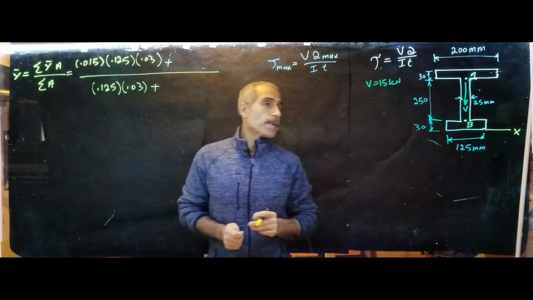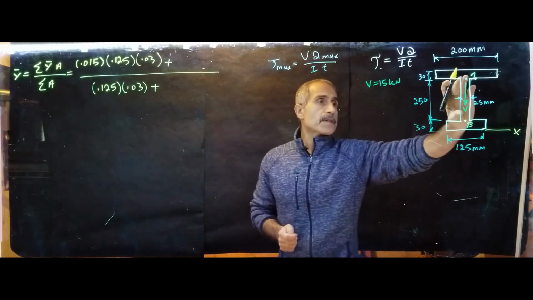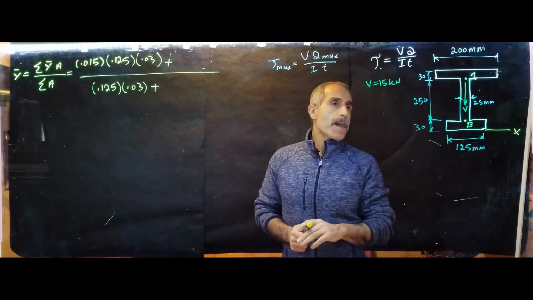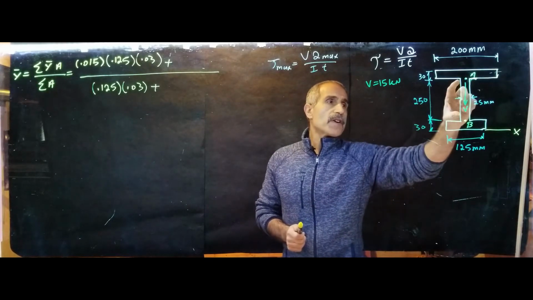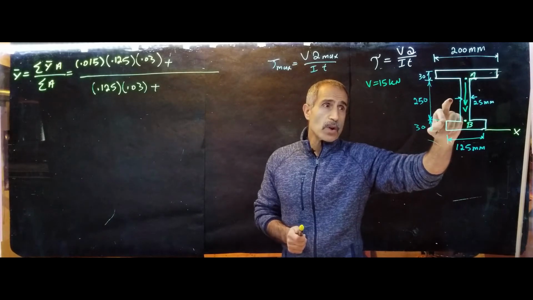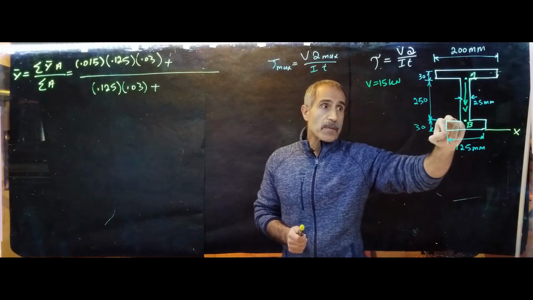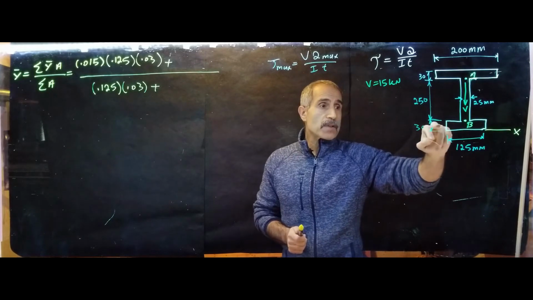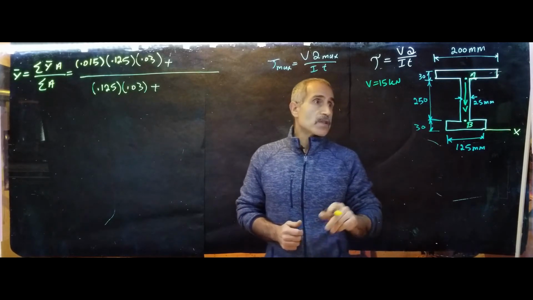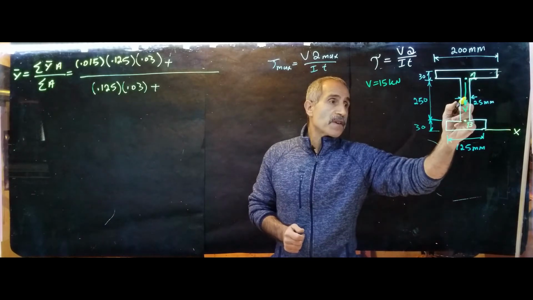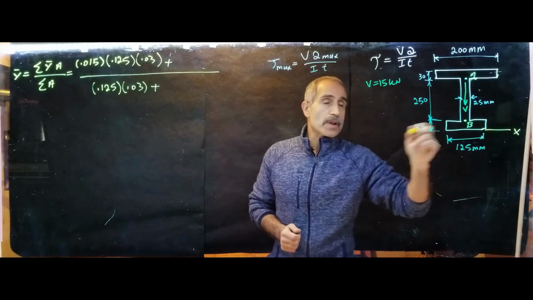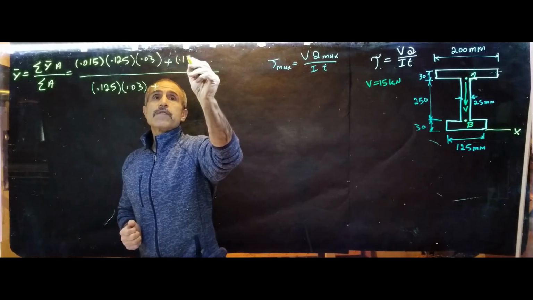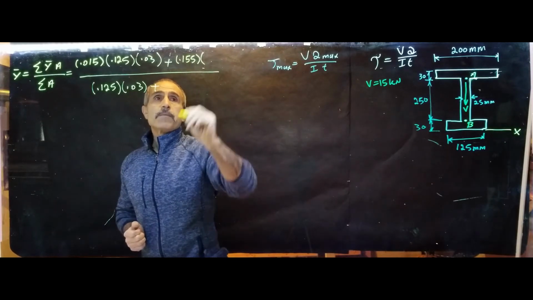The second shape is right here, this section. The center of this shape is what? 250 divided by 2 is 125. But it's 125 from here, so 125 plus 30 will be 155. So the center of this shape will be 155 from our reference point. 155 is 0.155 multiplied by the area.